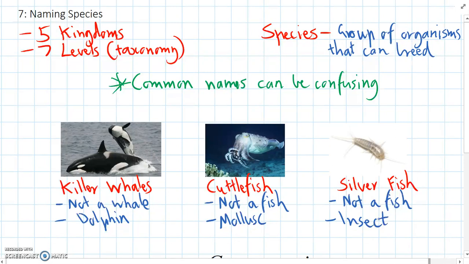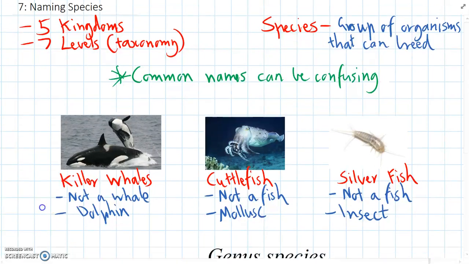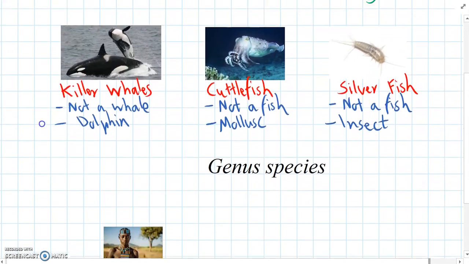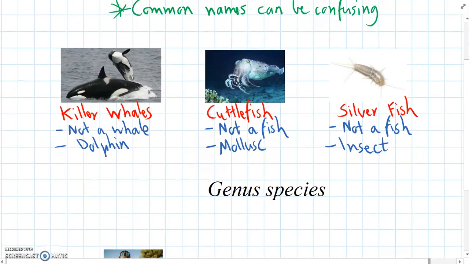Silverfish. So if common names can be confusing, we need to come up with scientific names so that we can avoid confusion. So scientific names avoid confusion.